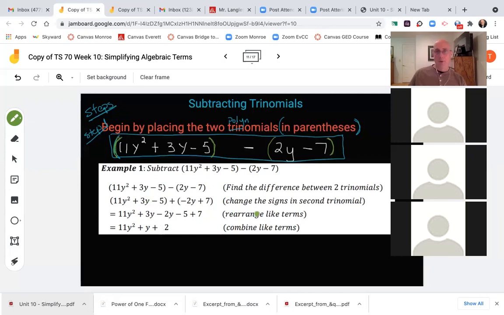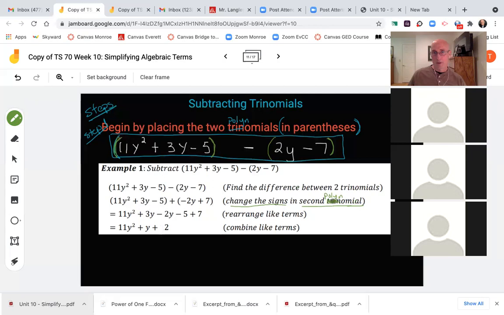Then step two, and this is kind of a key concept, is to change the signs in the second trinomial. This should say polynomial. This is not a trinomial.